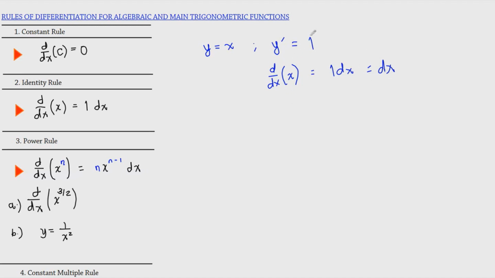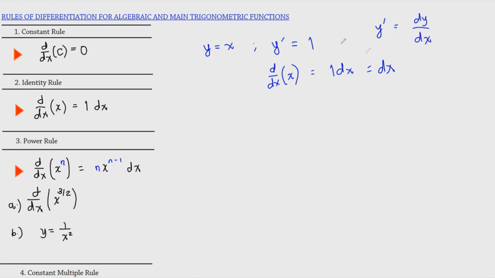Since this is already a topic in your differential equations, which we will be taking after the integral calculus, you need to add dx whenever you don't have any y prime. But if you have y prime, you don't have to add dx, because y prime literally means the change in y over the change in x.